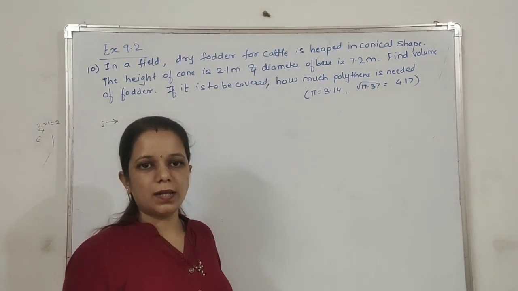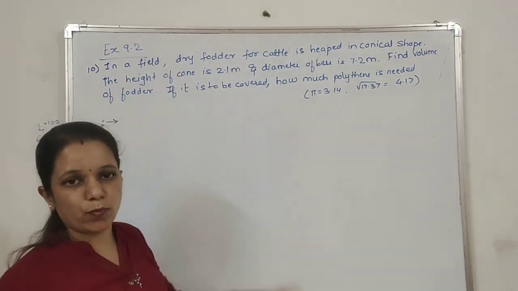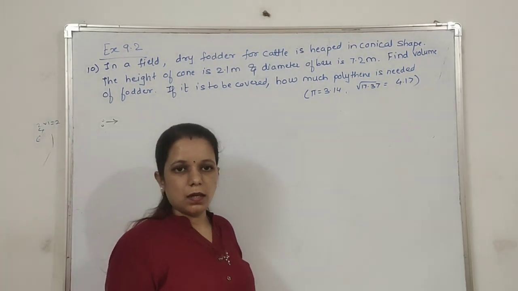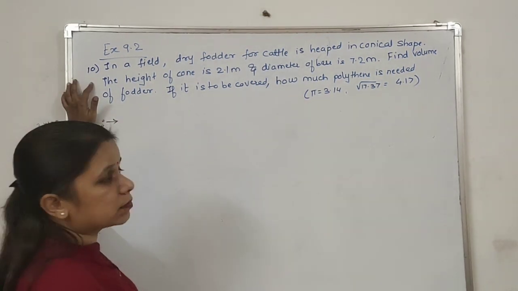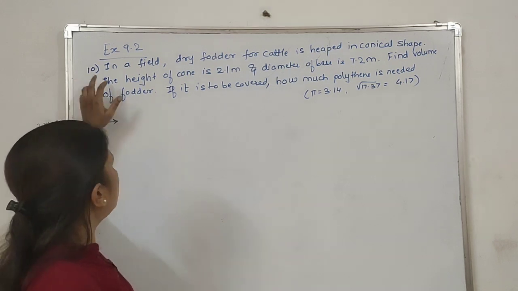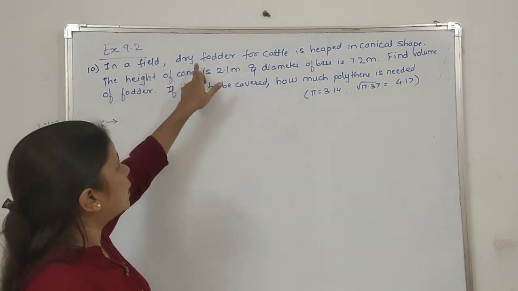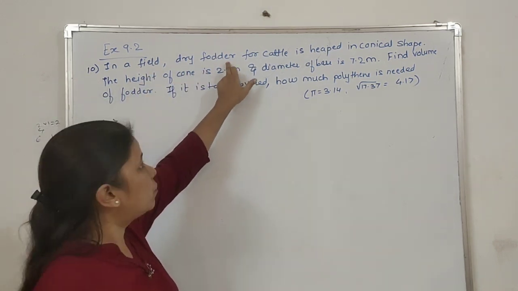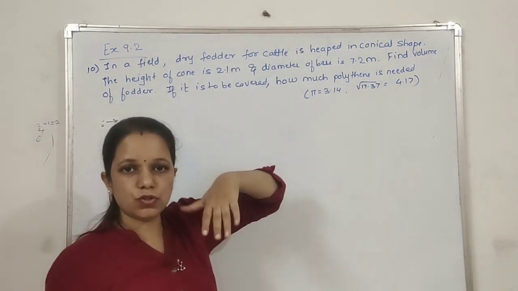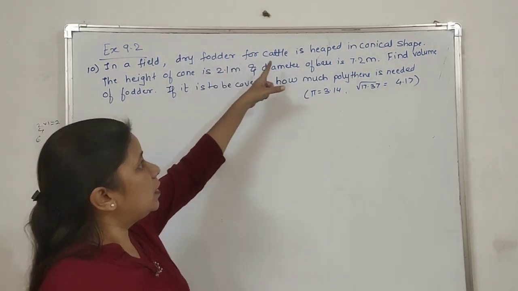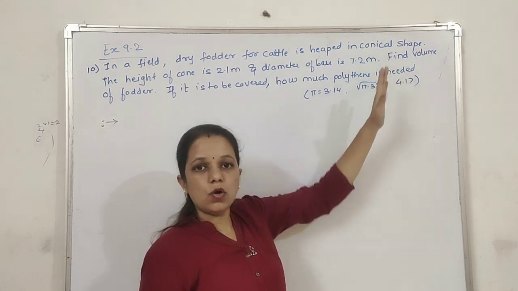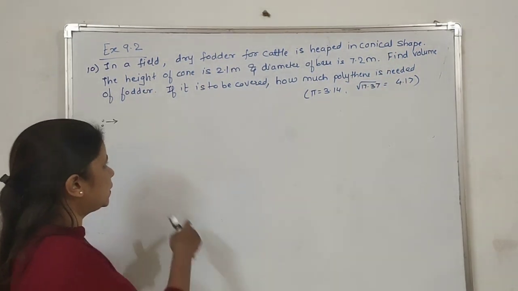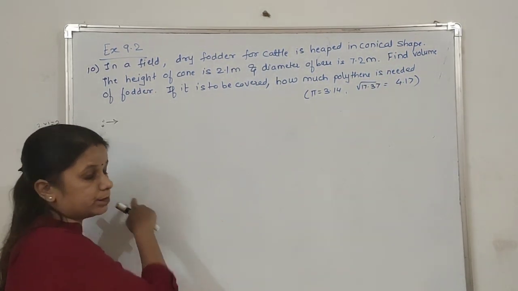Now the last sum from exercise 9.2, question 10. First I will read it out. In a field, dry fodder for cattle, the feed that we give them is called fodder, is heaped in a conical shape, means it is again in the form of a cone.